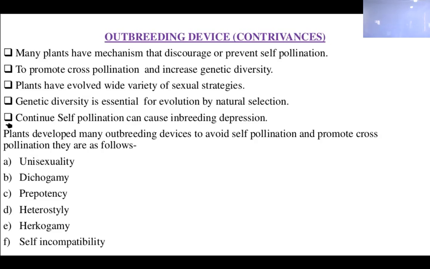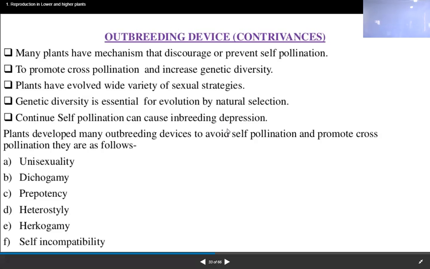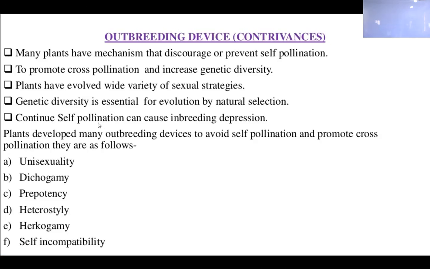Continuous self-pollination can cause inbreeding depression. Now you will ask me, ma'am, what is inbreeding depression? See, what happens here? In self-pollination, we are considering only a single plant or a single flower. Because of this, genetic stability is maintained. Yes, you are correct.